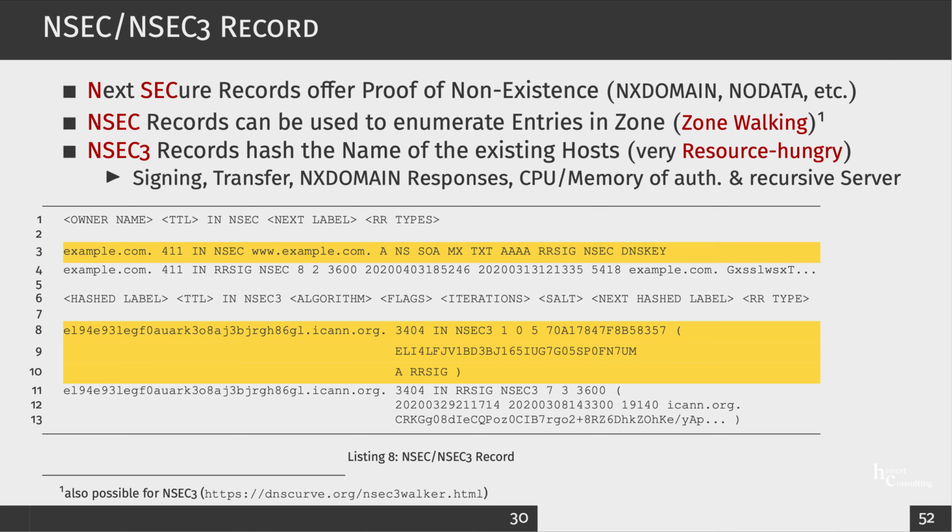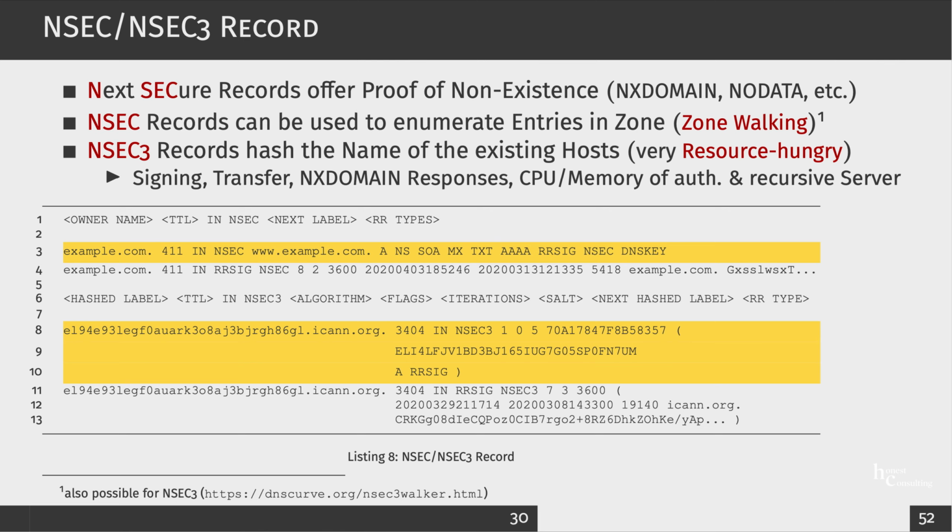In a footnote of this slide, you can see that somebody actually implemented an NSEC3 walker. So the same that we did with the zone walking in NSEC is also possible with NSEC3. It's just a little bit more complicated and it needs a little bit more horsepower.